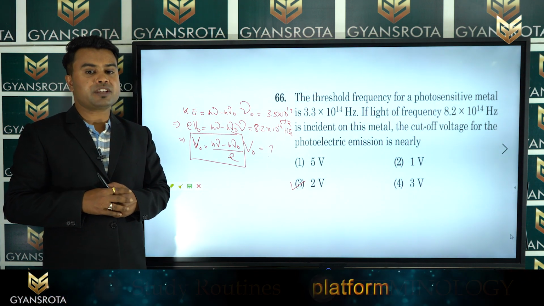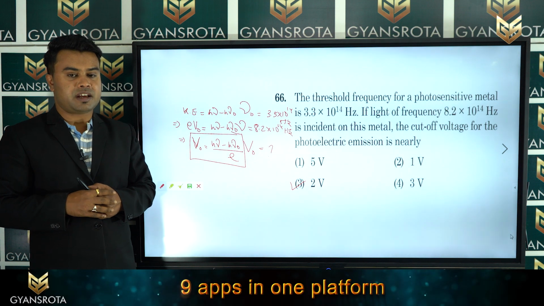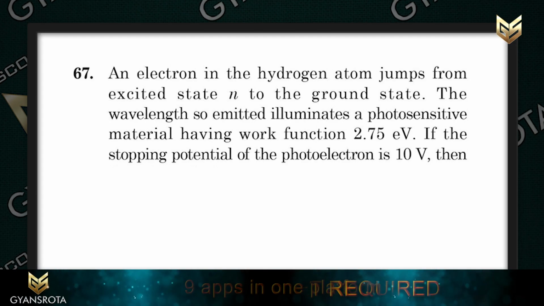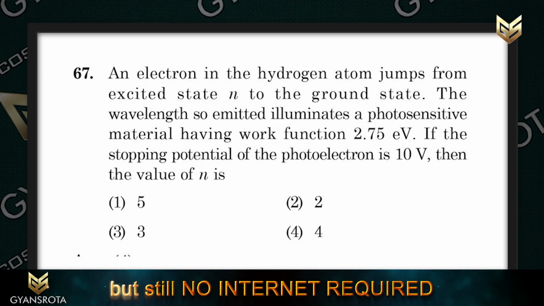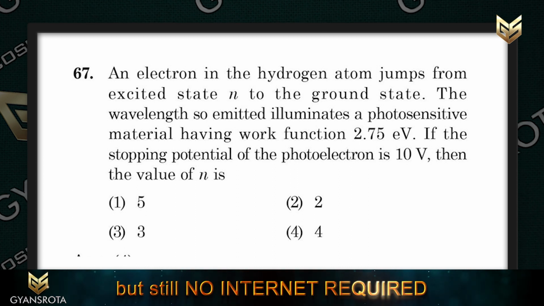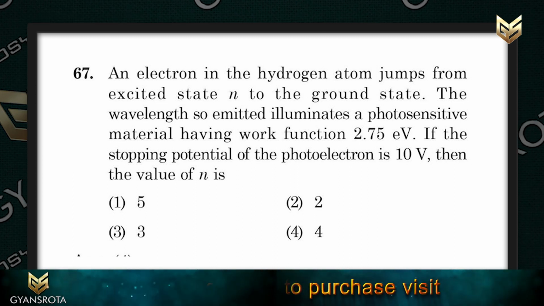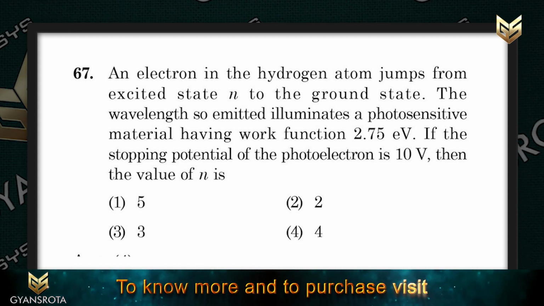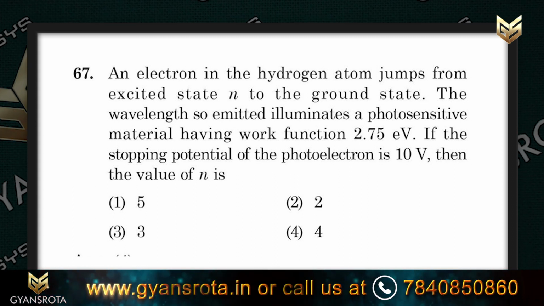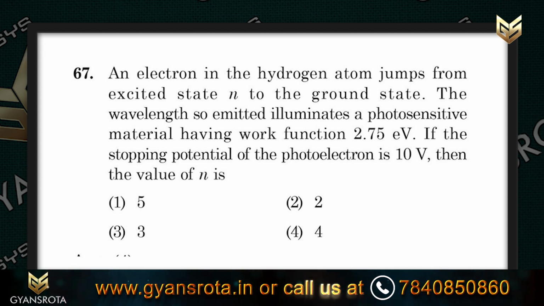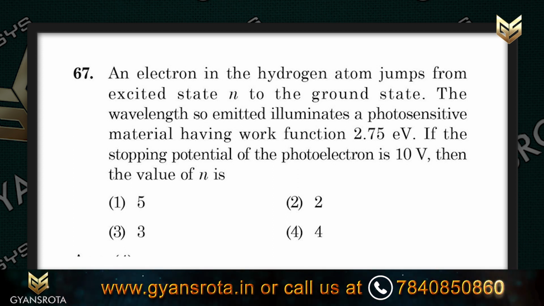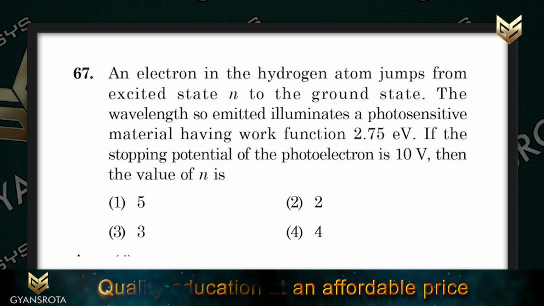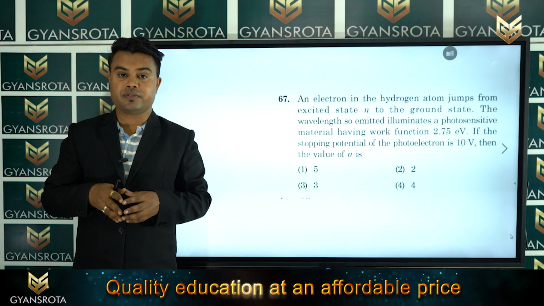Now, let us move to the next question, that is question number 67. An electron in the hydrogen atom jumps from excited state n to the ground state. The wavelength so emitted illuminates a photosensitive metal having work function 2.5 electron volt. If the stopping potential of the photoelectron is 10 volt, then you have to calculate the value of n.